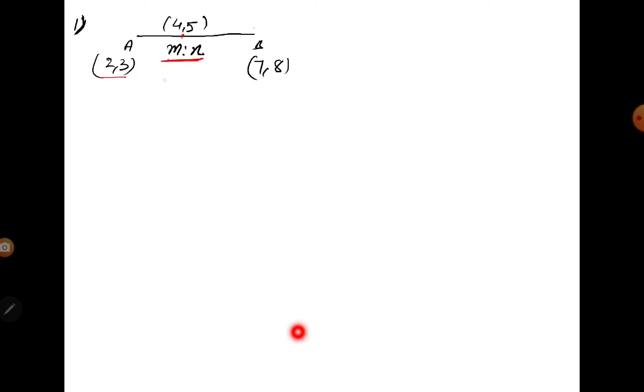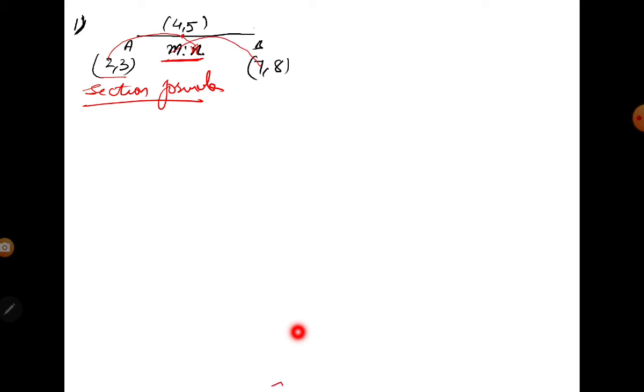Okay. So now here we are applying the section formula. What is the section formula? Now here I am giving you one trick. If you have to find the ratio, take this coordinate, the left-right one. It will multiply with the opposite side, and this m will multiply this side.